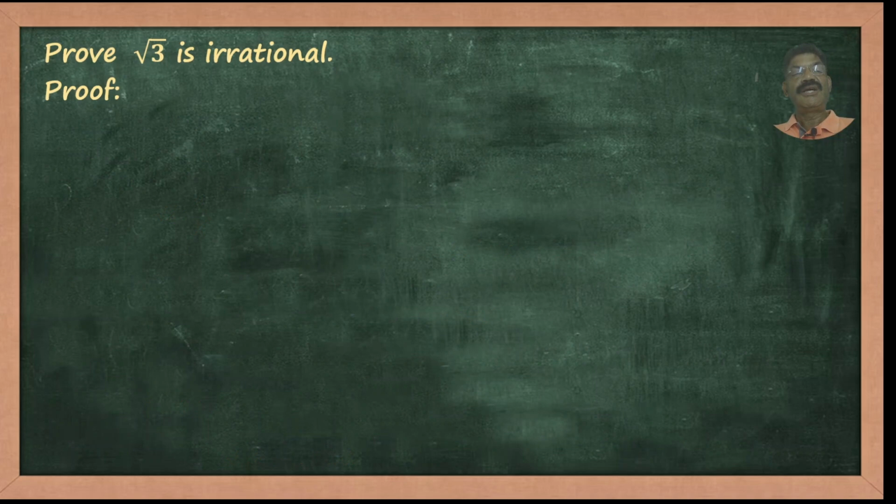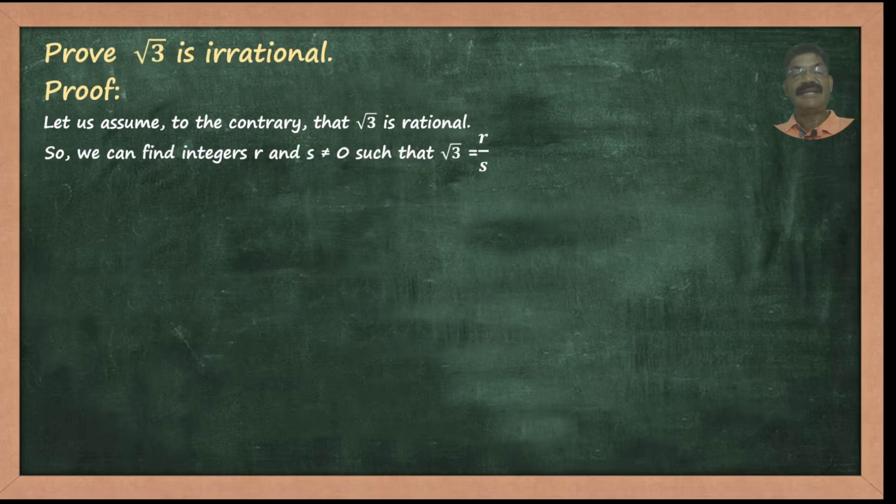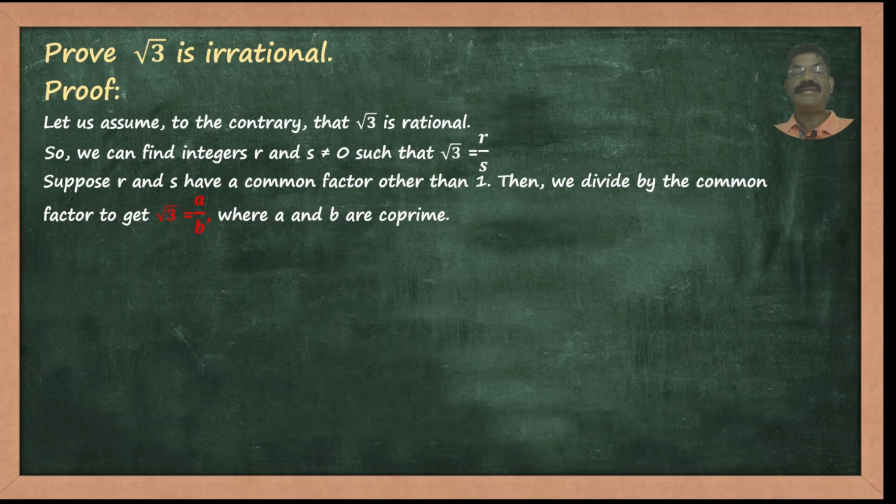Next, we are going to prove root 3 is irrational. In the same way, we are going to prove this result. Similarly, let us assume that root 3 is rational. Again, we take r and s to be integers such that s not equal to 0 and root 3 is equal to r by s.